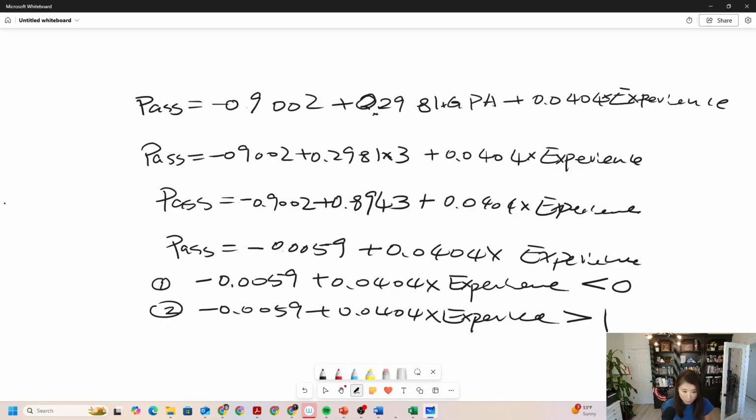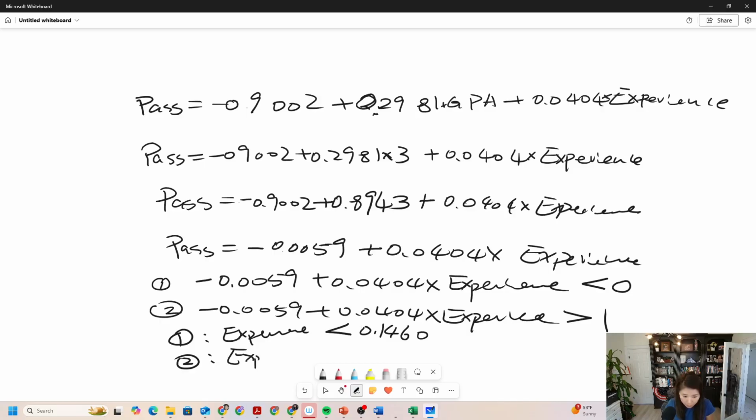Okay, so to solve these two, after I solve the first inequality, my answer is that if the experience is less than 0.1460, so if the year experience is less than 0.1460, I will get the probability to pass less than 0.